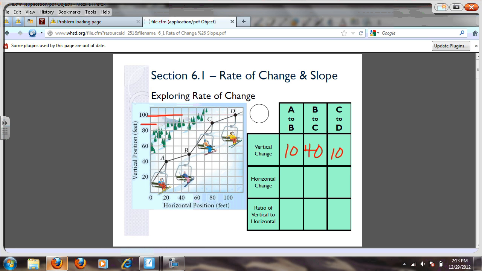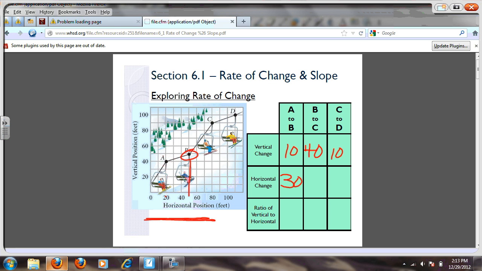Okay? Now we're going to look at the horizontal change. Horizontal looks like the horizon, from A to B. So A is here at 20. B is here at between 40 and 60, so that is 50. So from 20 to 50, that is 30.